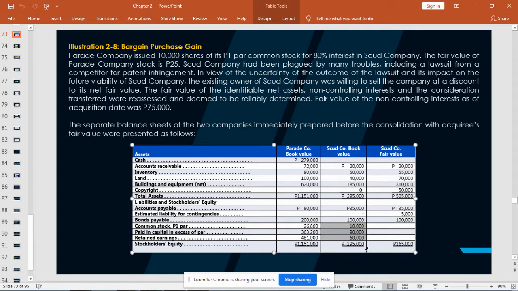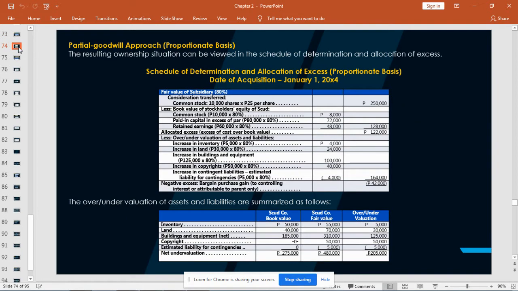In total, we have 160,000 na book value ng ating subsidiary shareholders equity. Then, we multiply it dun sa interest ng ating parent, which is 80%. So, our book value of the shareholders equity ng ating subsidiary is 128,000 at 80%.